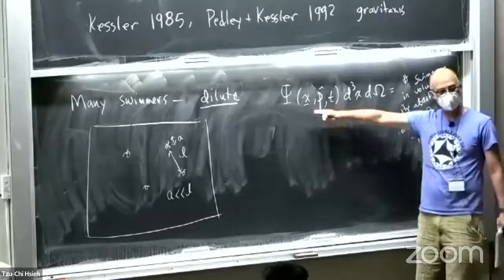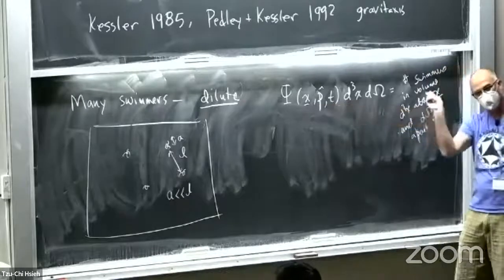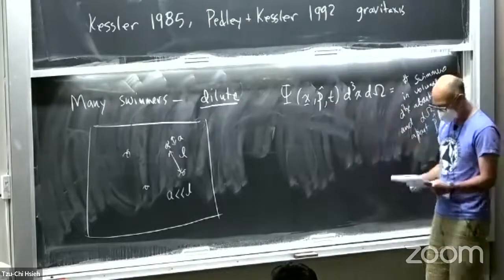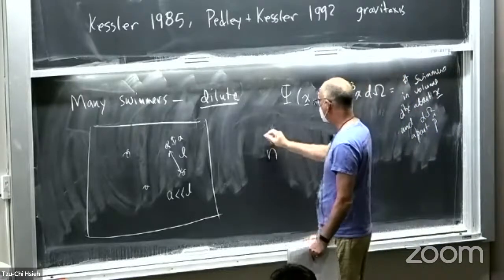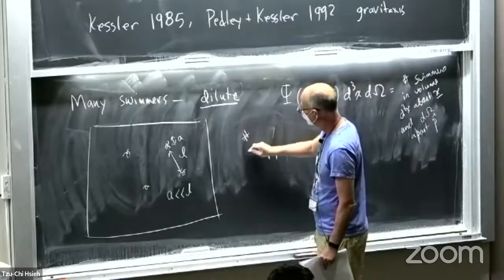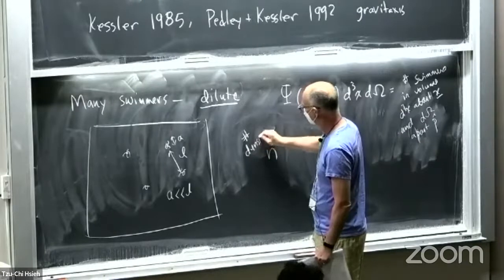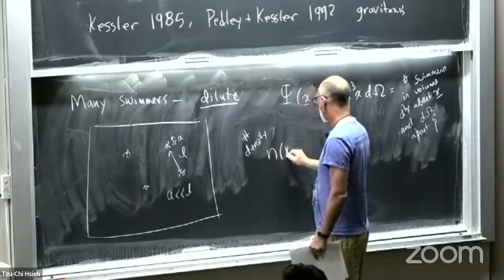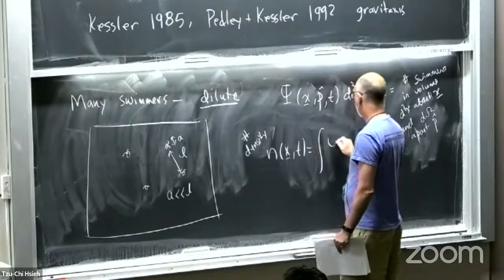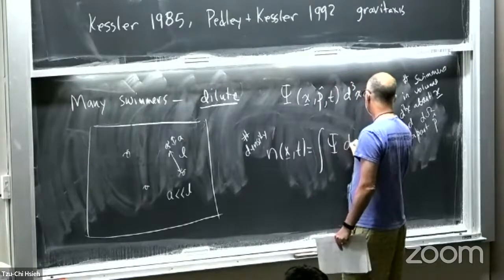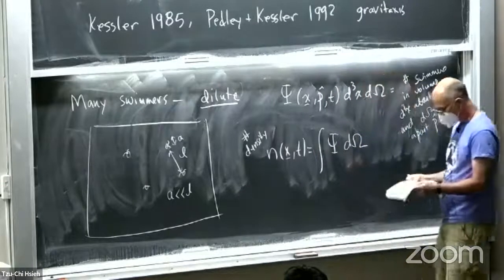So this looks like what Ellen wrote down, but p is not momentum. P is the orientation. We only have those things. So of course the density, I'm going to use n for number density. So n of x and t, we have to integrate psi over the orientation.